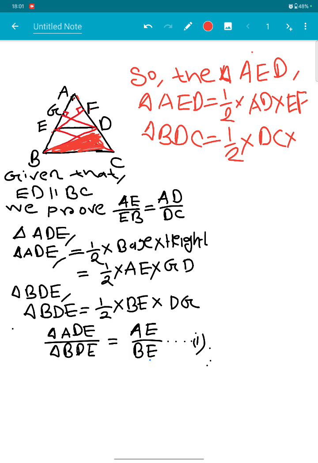What is the height? Height is EF, because DC and AC are the same line. So EF is the height of AC, and similarly EF is the height of DC. So EF is the height of triangle BDC. Okay.